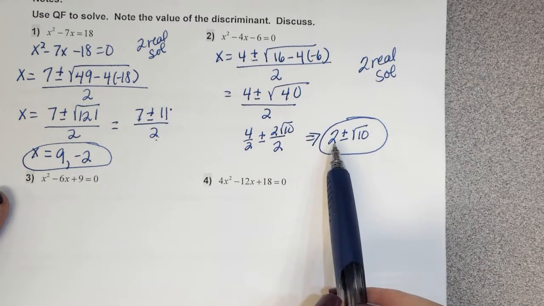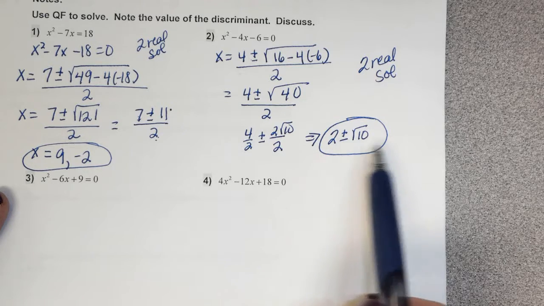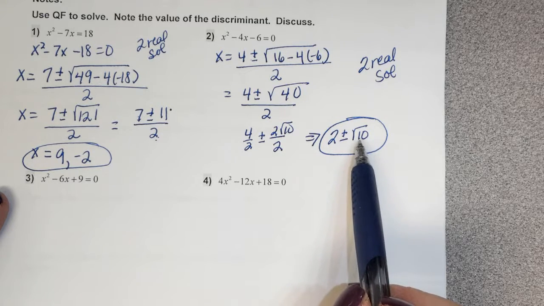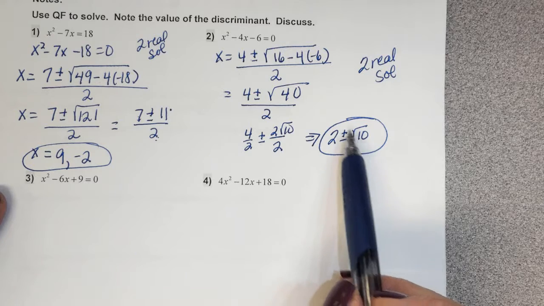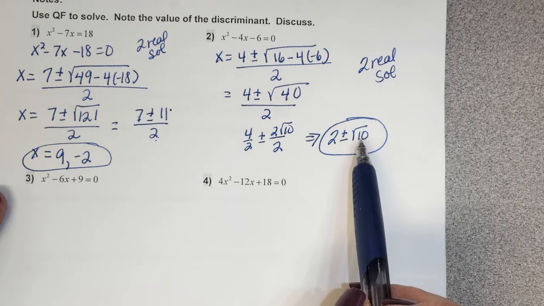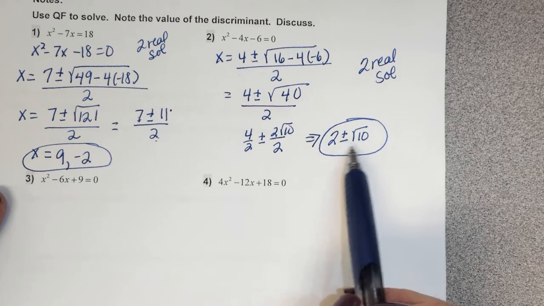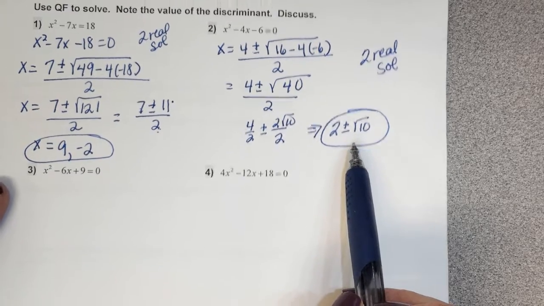Are those real solutions? Yeah, it's irrational right there, but it's still real. What's radical 10 about? Is it closer to 5 or is it closer to 3? 3. Square root of 9 is 3. Square root of 10 might be 3.1, 3.2. Okay, so we have those 2 solutions.